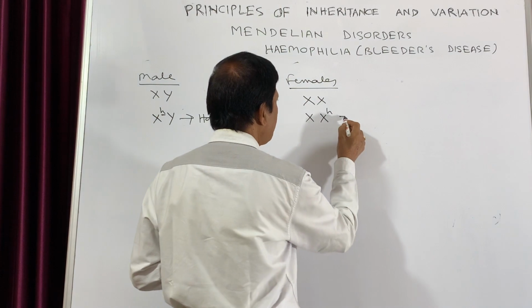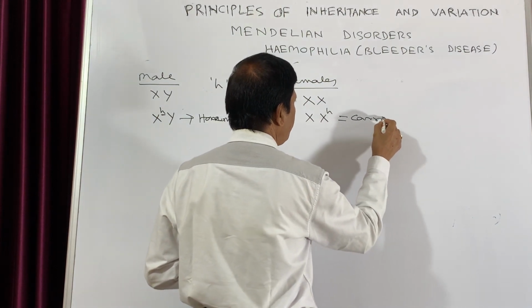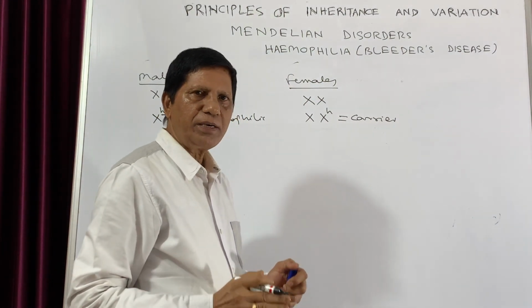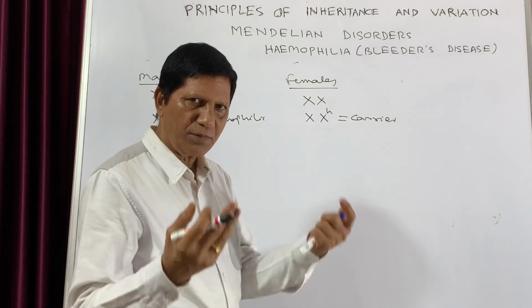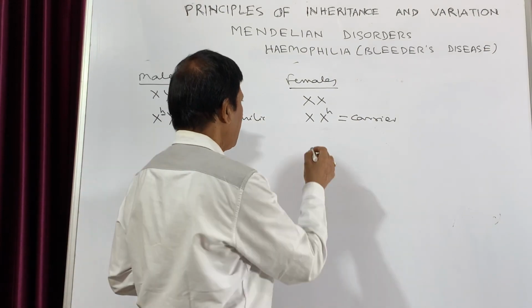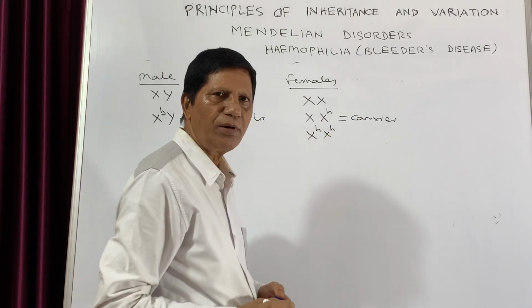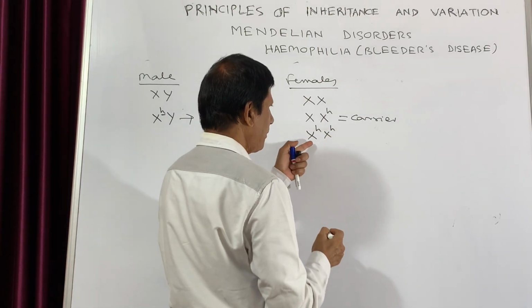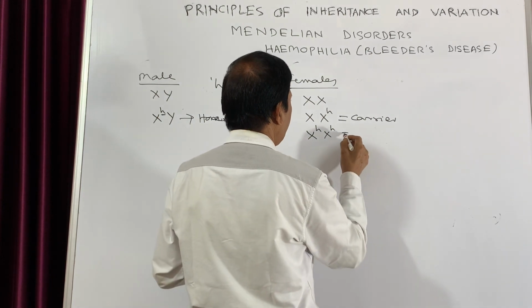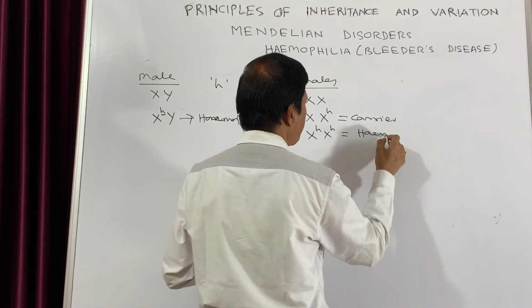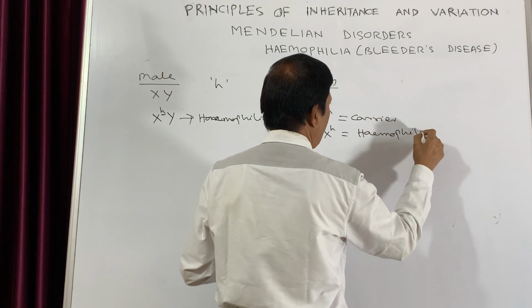So in that case the female will be only a carrier. But by chance, if both the X chromosomes have this gene, then she will be hemophilic.